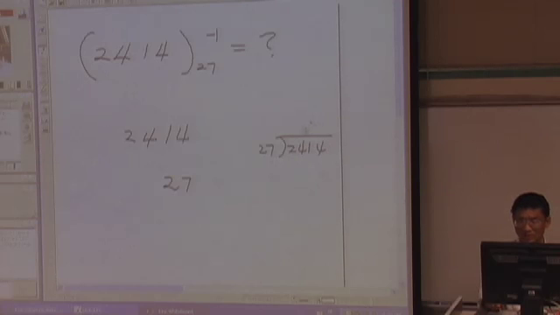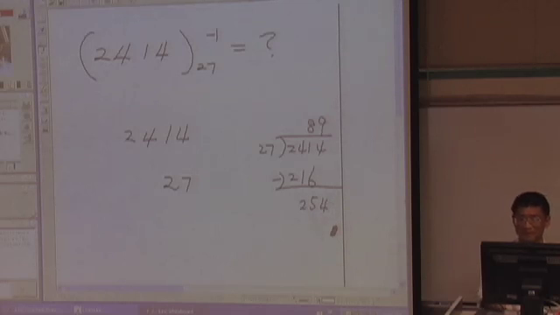Is 9 too much or not? If we subtract, then it is 5, 25, right? And then 27 and 9 might work this time, right?